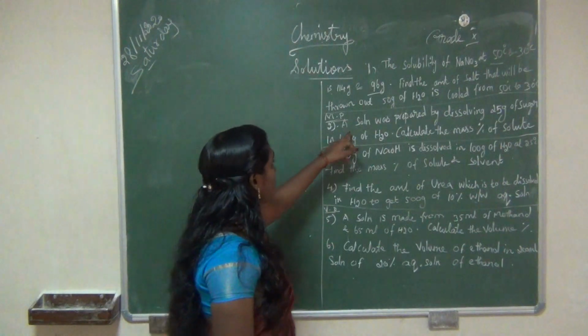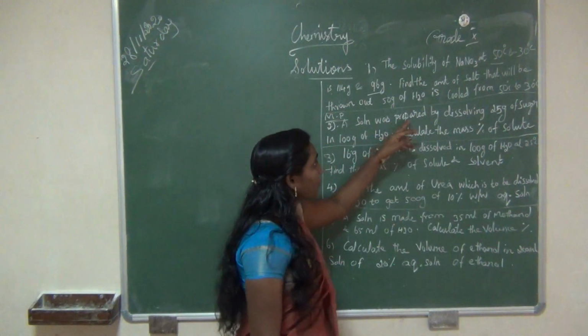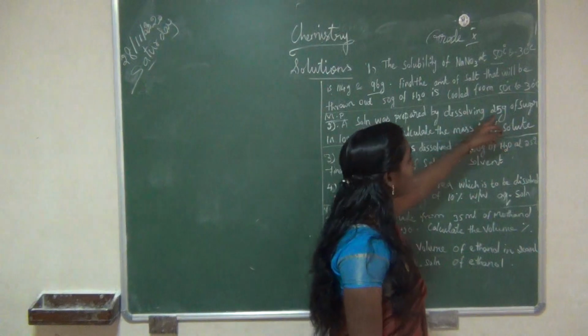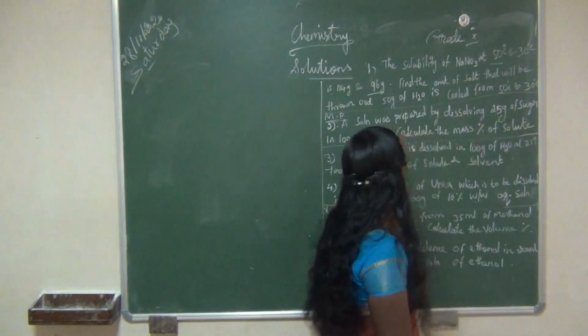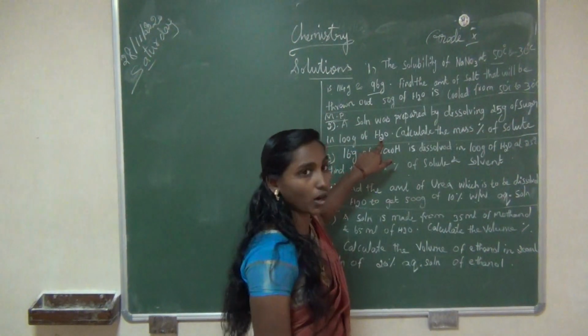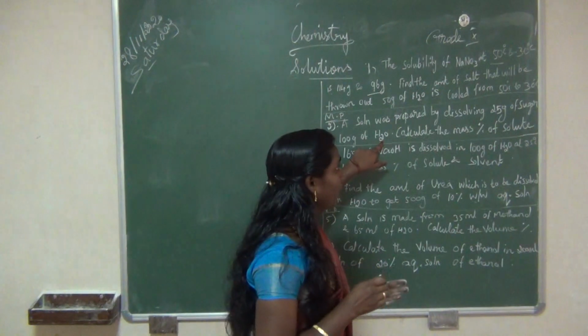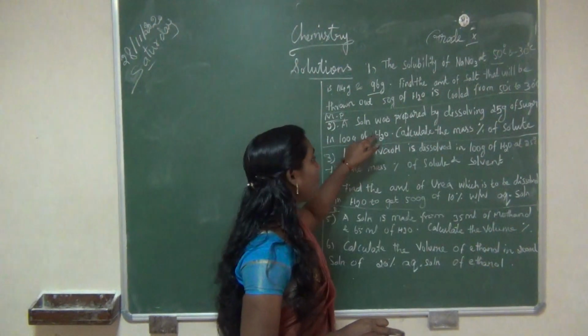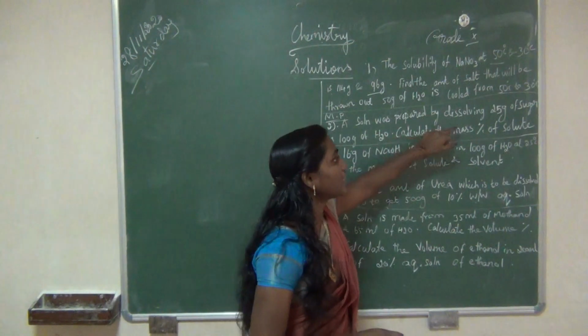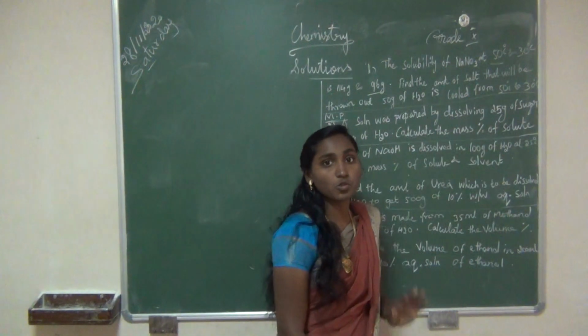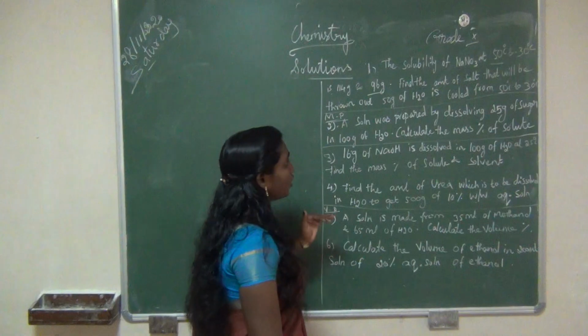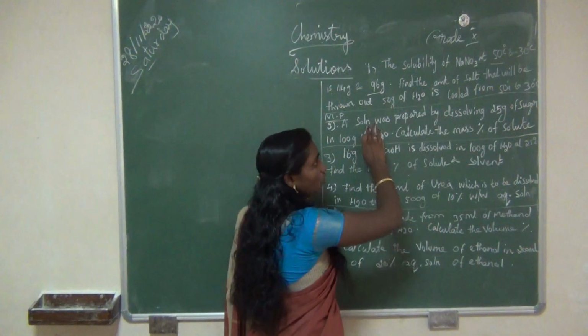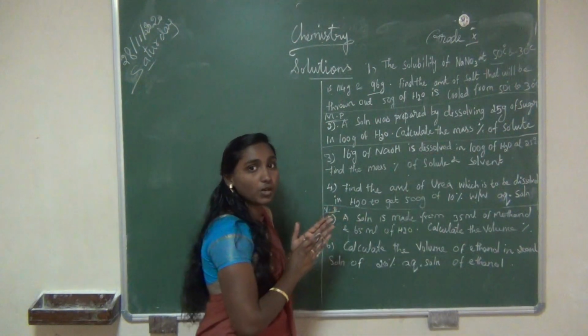See the question. A solution was prepared by dissolving 25 gram of sugar in 100 gram of water. Calculate the mass percentage of solute. First we need to find out from this question which one is solute and which one is solvent.